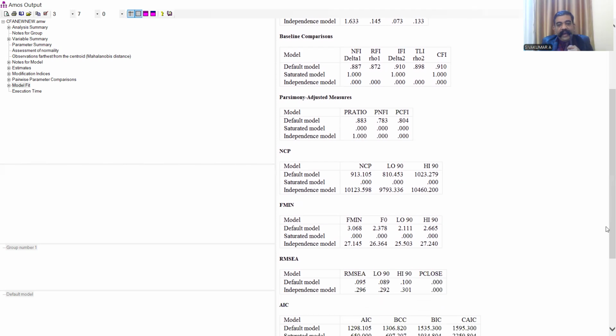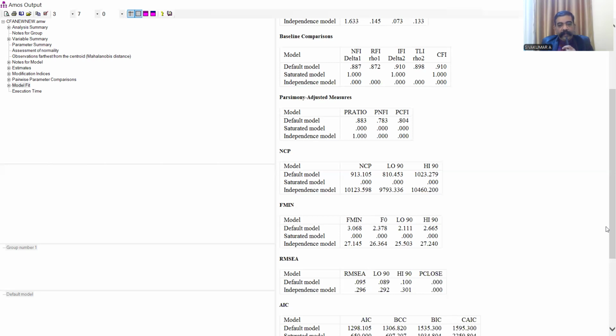You can see RMSEA, that is the next important model fit index value. RMSEA is the root mean square error of approximation. If the RMSEA value standard norm is less than or equal to 0.08, it is good.